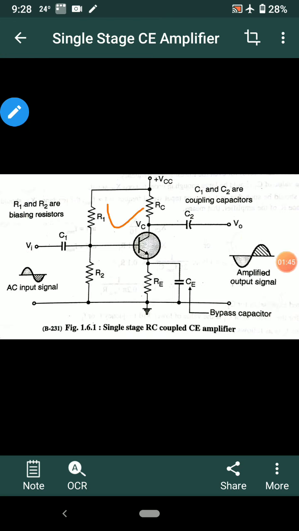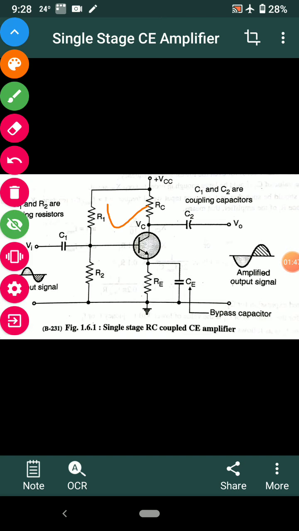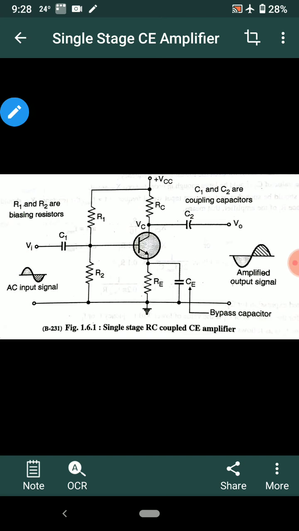Another main advantage of this circuit is when the load resistor RL is coupled to the amplifier. Suppose we connect one load resistor. This load resistor RL is coupled to the amplifier through the coupling capacitor. You can draw this load resistor in your diagram.